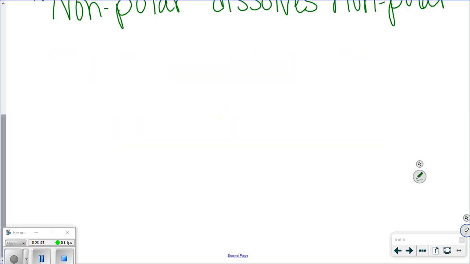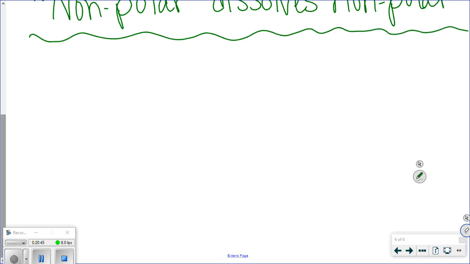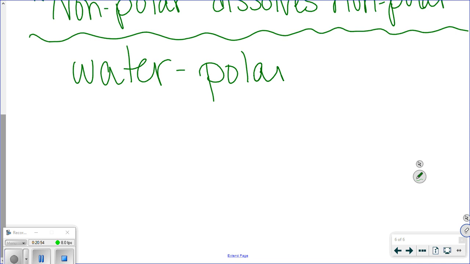Who is the most famous polar guy that we've worked with this year? All right, water. We all know at this point water is polar, right? If we draw water, you recall this. We've got really electronegative electrons there, little positives here, and so I have two poles, polar.